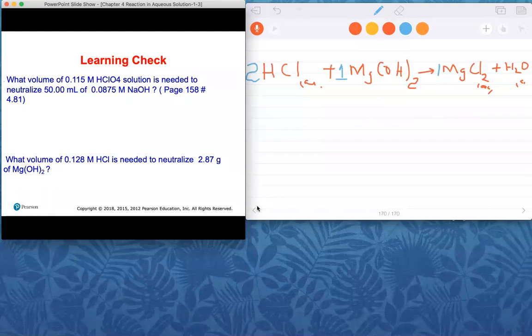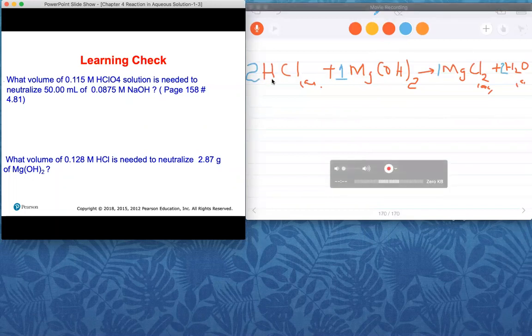And then I put a 2 in front here to balance the equation. 4 hydrogens on the product side, 4 hydrogens on the reactant side. How do you know how to balance the equation? 2 times 1 hydrogen, 2, plus 2 times 1 hydrogen, that's 4. And 2 times 2 is 4. And then oxygen, 2 times 1 is 2, magnesium is 1, and the equation is balanced.